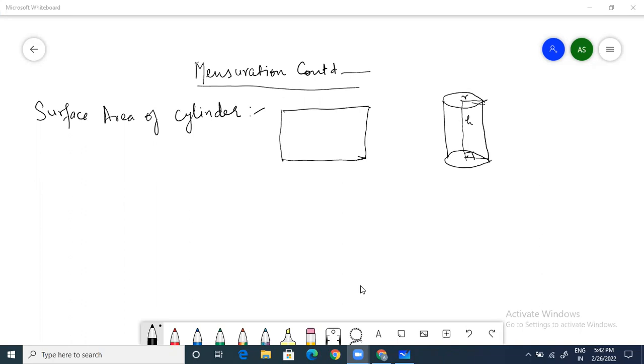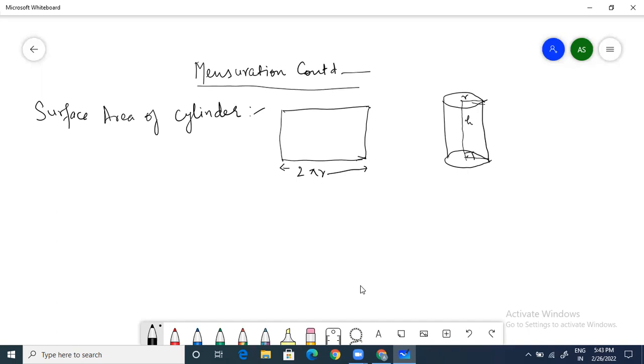What do you think this rectangle would be? Just imagine, because we know the circumference of the circle. It is exactly the same length which is covered by this paper.